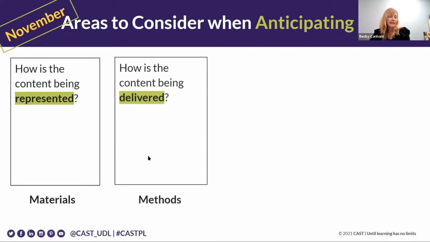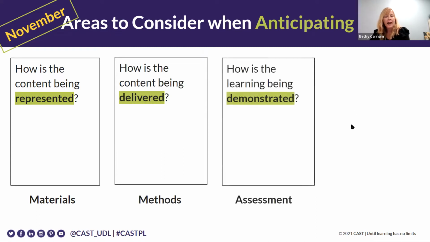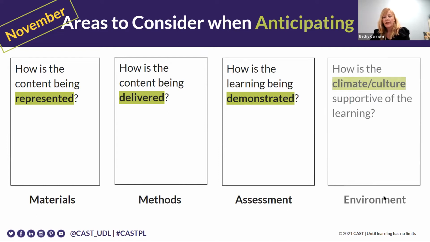In methods, or how the content is being delivered? In assessment, meaning the way we ask learners to demonstrate their learning? And lastly, barriers in the environment, that climate and culture piece. How is it supportive of learning?